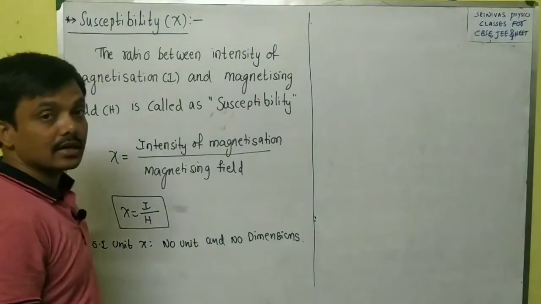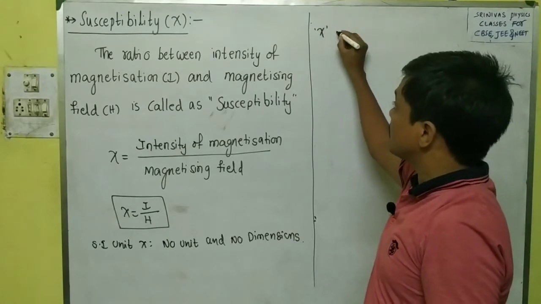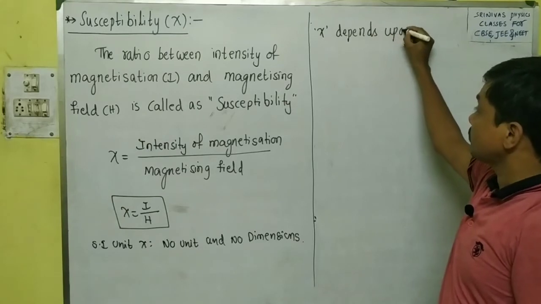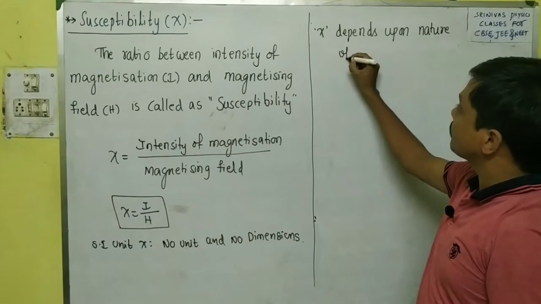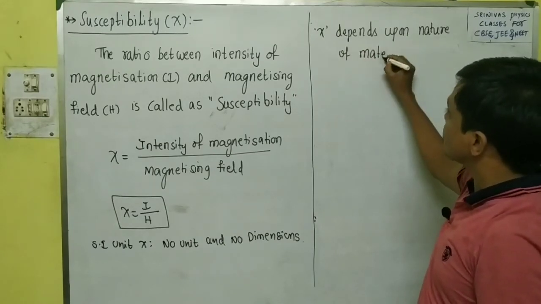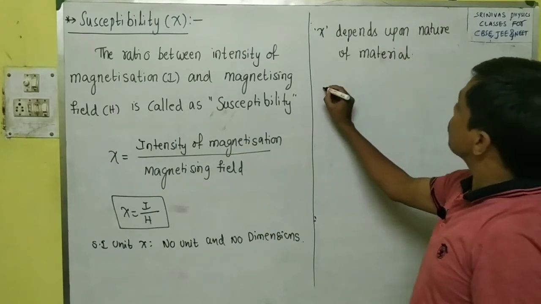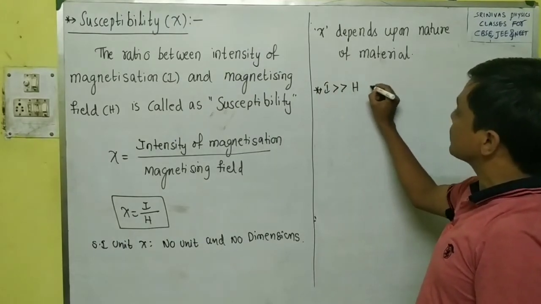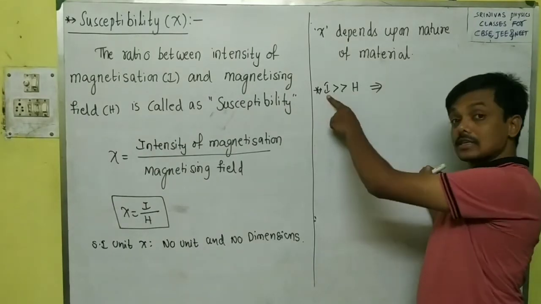On what factors does susceptibility depend? Susceptibility depends upon the nature of the material. If I is greater than H, that means the magnetizing field is less but the magnetization is more.